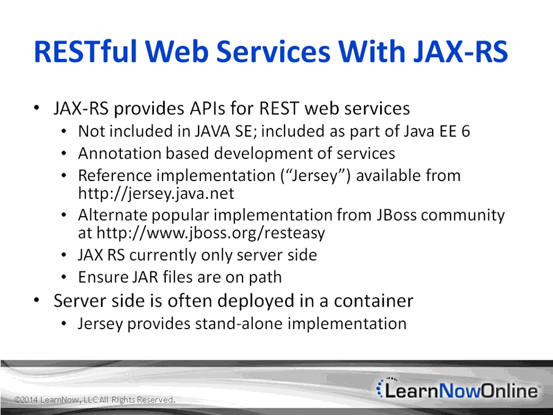Jersey also provides a standalone implementation that's available if you want to use that. But like I said, the majority of the time, as we will use inside of our demo environment here, we'll actually be deploying to Tomcat to test the web services that we develop.